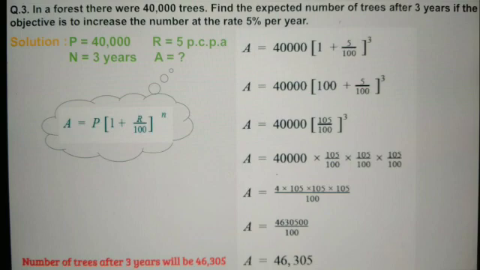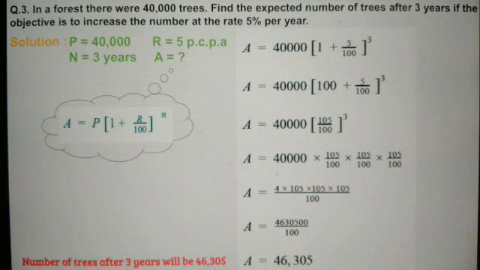Then you are going to substitute the values. So therefore A is equal to 40,000 (1 + 5/100)^3. Therefore A is equal to 40,000 ((100 + 5)/100)^3. Therefore A is equal to 40,000 (105/100)^3.